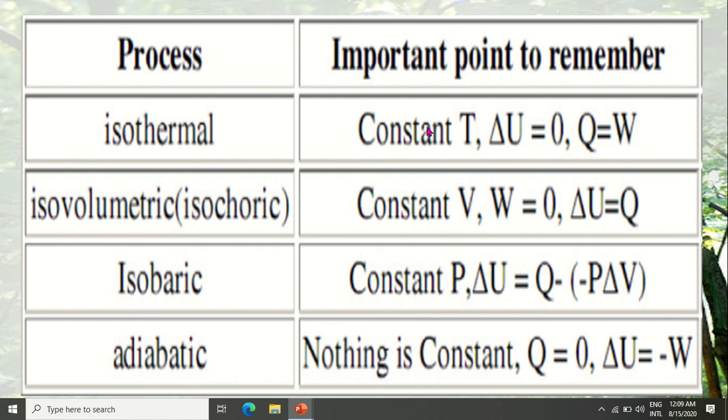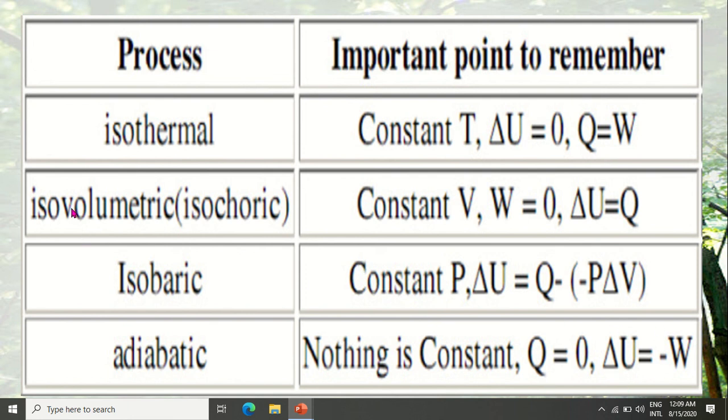Look here, in this case, one certain temperature, certain volume, certain pressure should be maintained, which is constant, but here Q equal to 0, that means it is not constant. So del U equal to minus del W, that means work is done by using the internal energy.